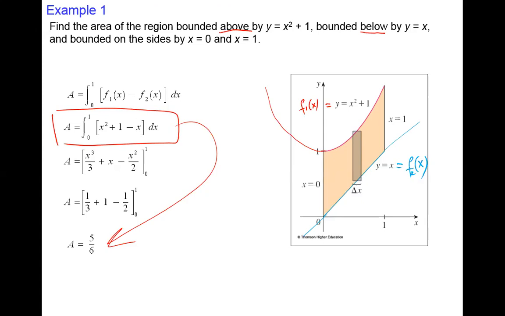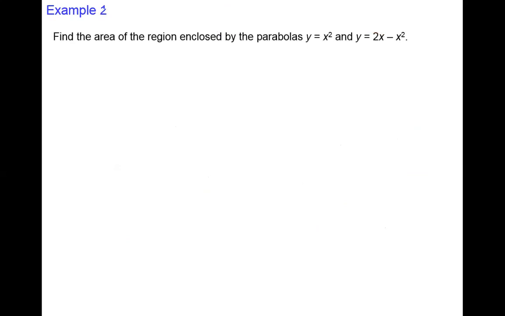Okay, but let's jump one step above. Find the area of the region enclosed by the parabolas y equals x squared and y equals 2x minus x squared. What do you think is missing in this question?